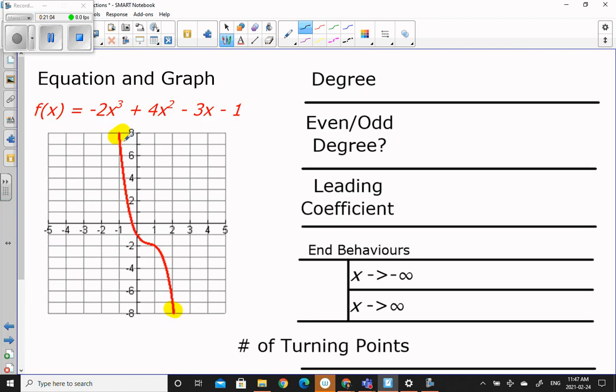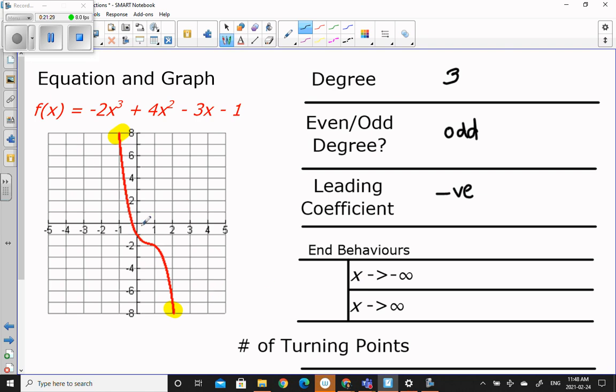Second example, this is your polynomial function. You can see the degree is 3, and 3 is an odd number, so it's odd degree. The leading coefficient is negative. That's why it goes from quadrant 2 to quadrant 4, like y equals minus x. Think of that line, right? It goes from quadrant 2 to quadrant 4.